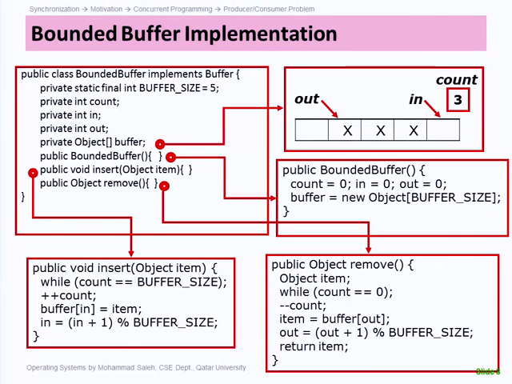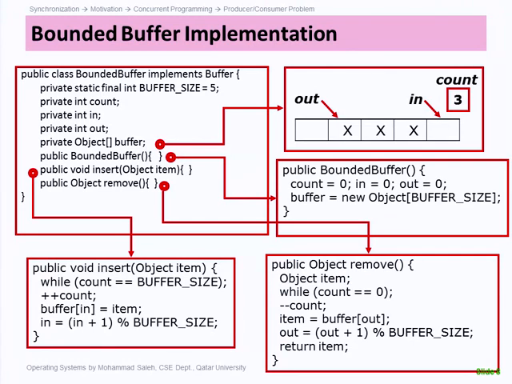Then I will not have an empty body for the while loop. I will have something in the while loop, one statement. So I'm saying that if the buffer is full, give chance to the other thread to run. So what should this thread do? And who's this thread? The producer, because he's the only one who can call insert, right?